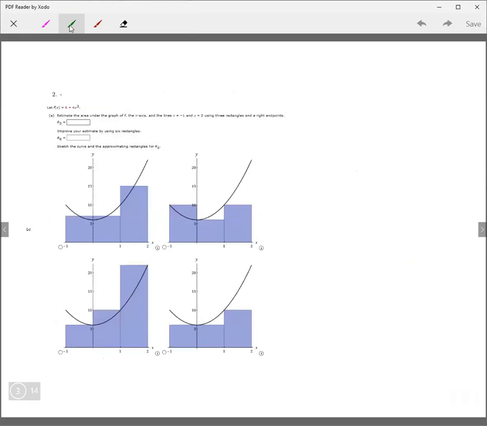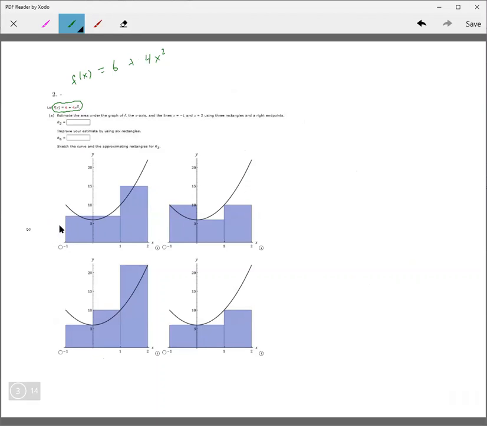Okay, so let's go on to number 2. Here we have a function. f of x is 6 plus 4x squared. So now there are actual values here. Estimate the area under the curve of f, the x-axis, and the lines x equals -1 and x equals 2.